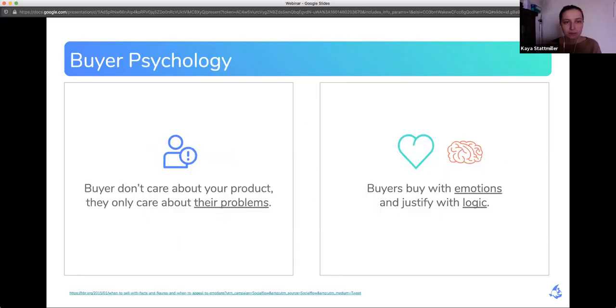So let's jump into it. I want to start from a very high level perspective of how people buy. Buyers actually don't care about your product. They only care about their problems. That being said, if you want to start a conversation with a buyer, you technically don't even have to mention the name of your company, because the buyer is interested in a problem.